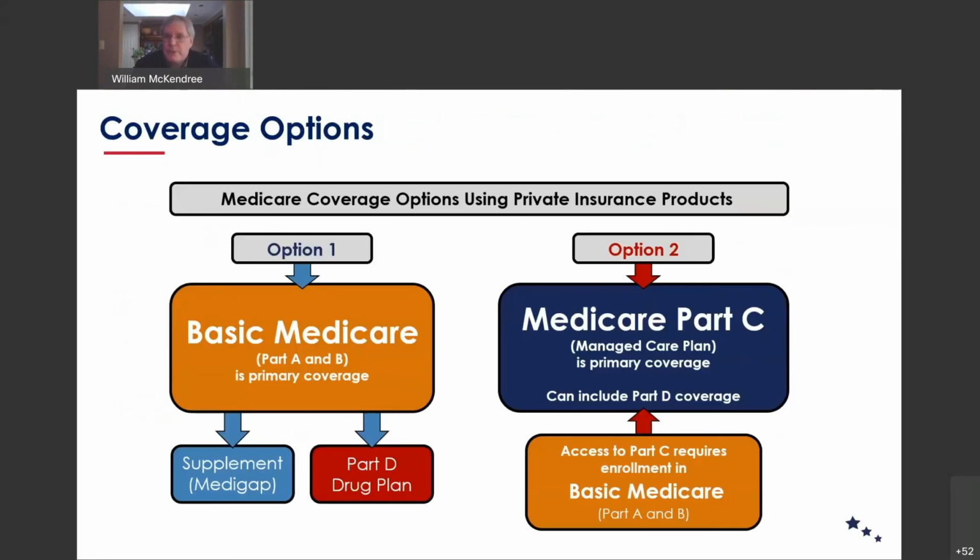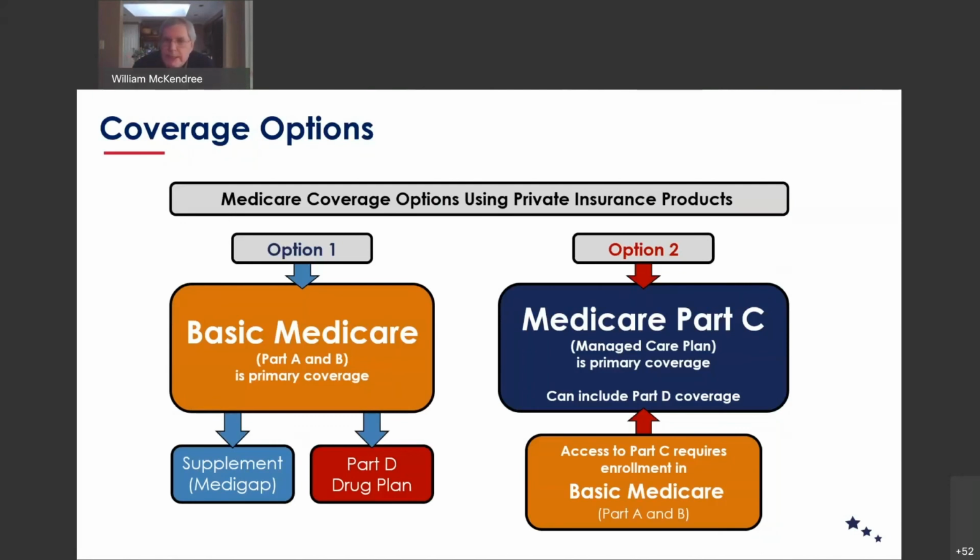In that universe of those three categories of products, a Medigap, an Advantage plan, which is an HMO or PPO type product, and a Part D, the universe of how you organize them is divided into two. There's simply two ways that you're going to create a coverage strategy, and it's either going to be one or the other.